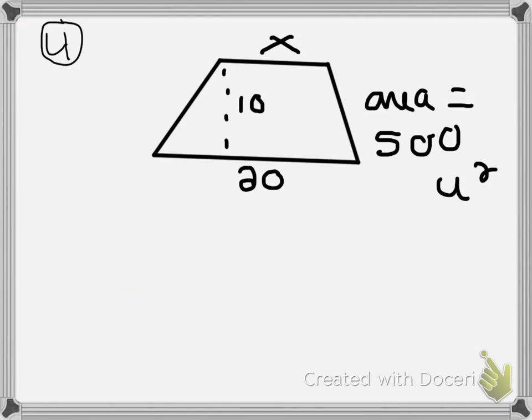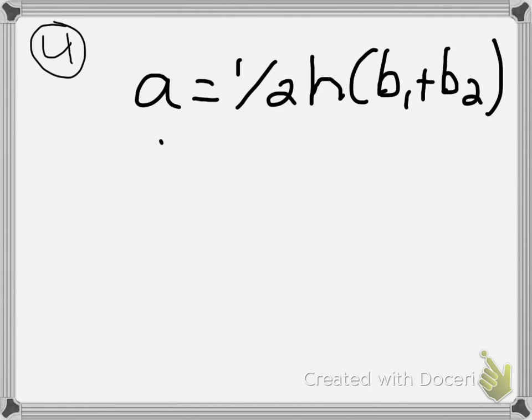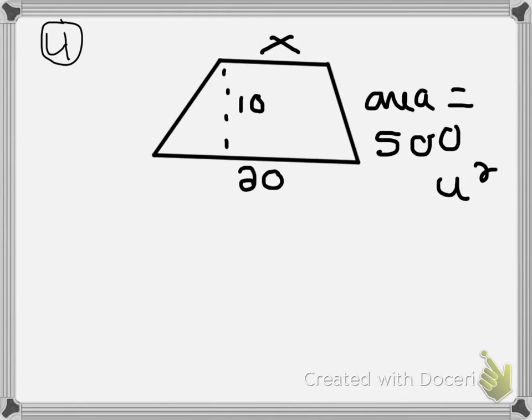Moving onward. Alrighty. Now we have a trapezoid, and we see base 1, not known, height, base 2, and our area. I want you to write down the area formula for a trapezoid, then turn the video off until you've written it down, and then turn it back on and check yourself.